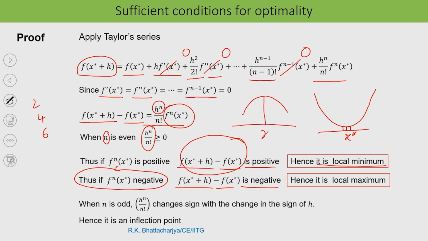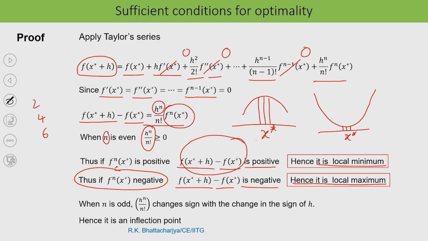This is your x star, and if you take any value either on the left hand side or the right hand side, then f of x star plus h minus f of x star is negative in case of maximum. So, therefore, if it is negative then I can say that x star is a local maximum.